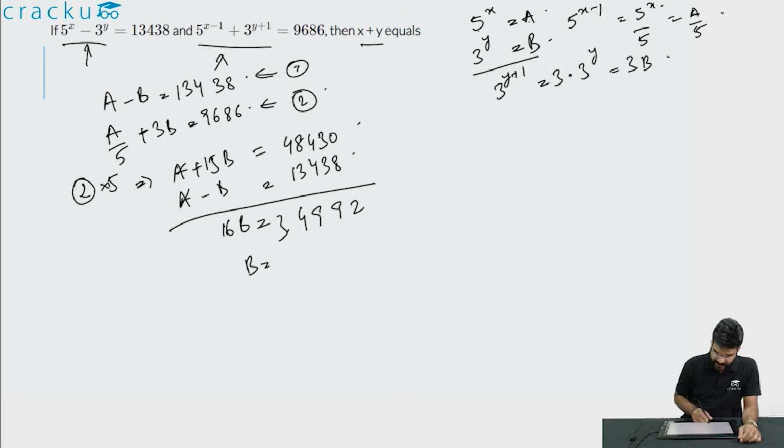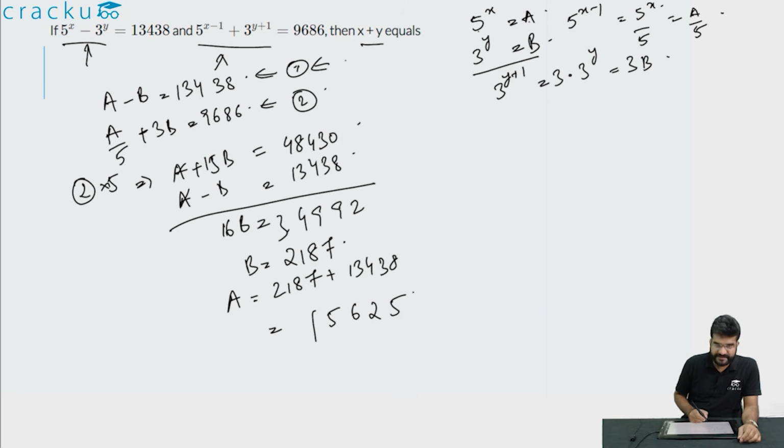Again, you can use your calculator. This will equal 2187. Now we can easily use the first equation and calculate the value of a, which will equal 2187 plus 13438. This, if you simplify, is 15625.